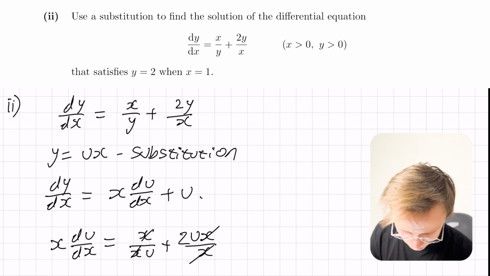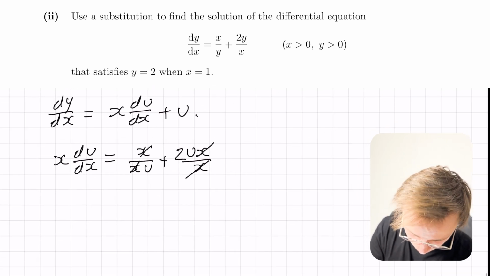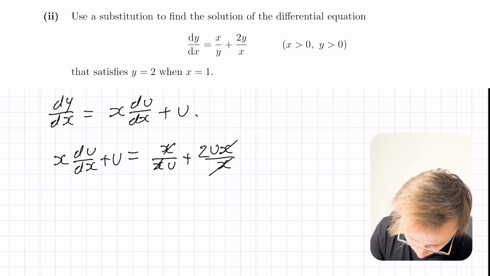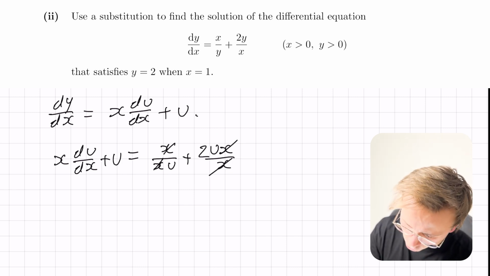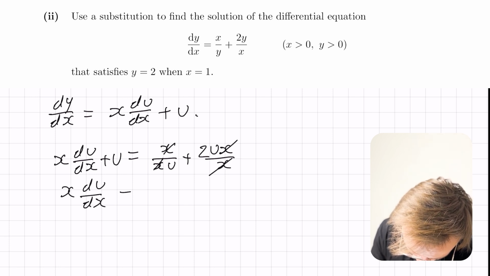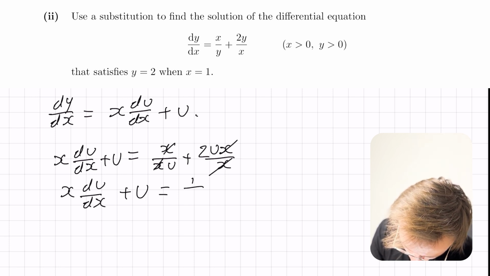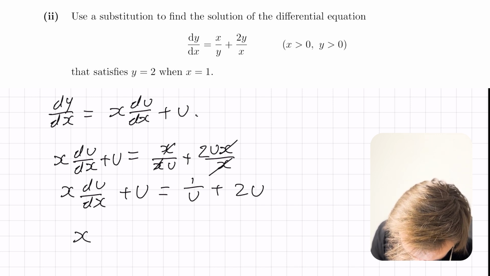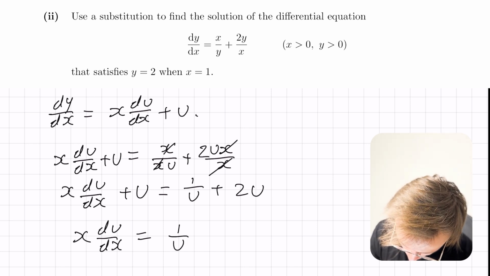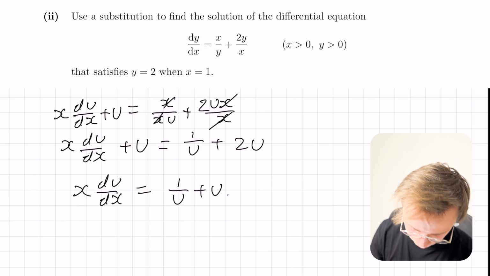Oh, sorry, there should be two of them. So now what I've got is x du by dx plus u equals 1 over u plus 2u. Okay, so rearranging again, x du by dx equals 1 over u plus u.